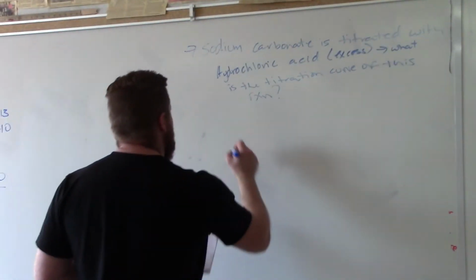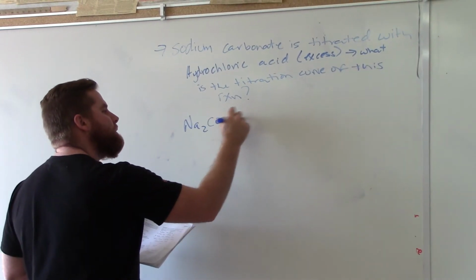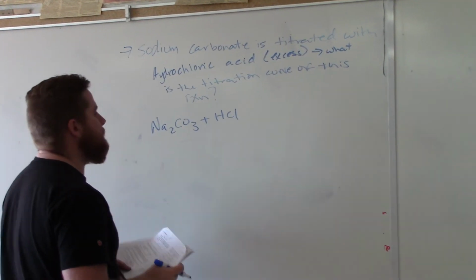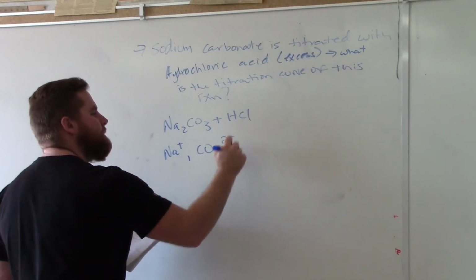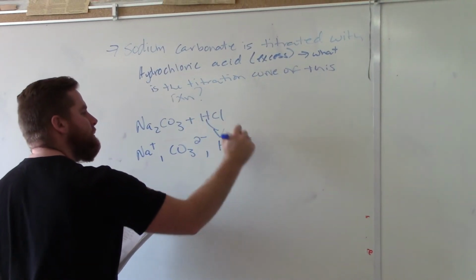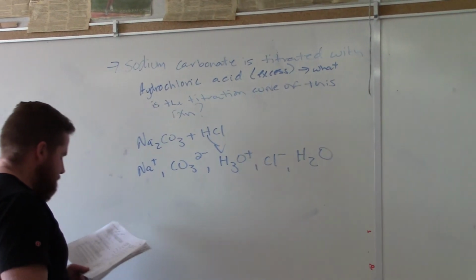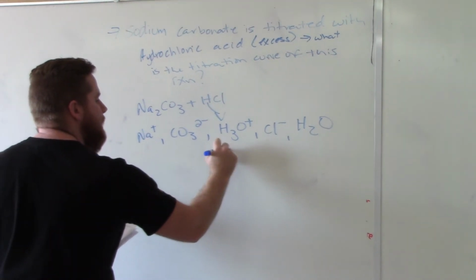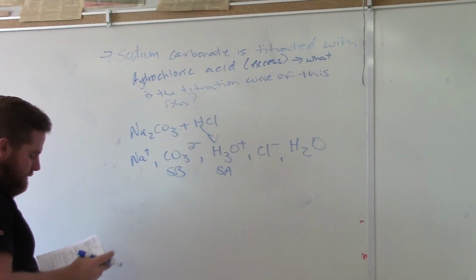So I have sodium carbonate, Na2CO3 plus HCl. First thing I need to do is identify my entity. So I have Na+, CO3 2-. We're going to have hydronium from this, Cl-, and H2O. Now I have my strong acid and strong base here.